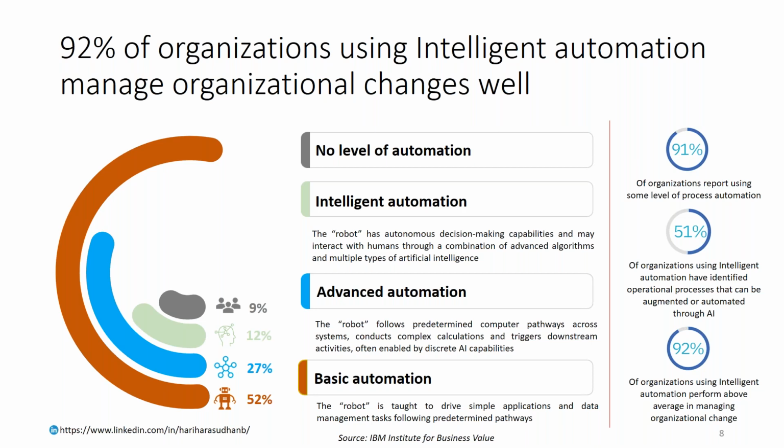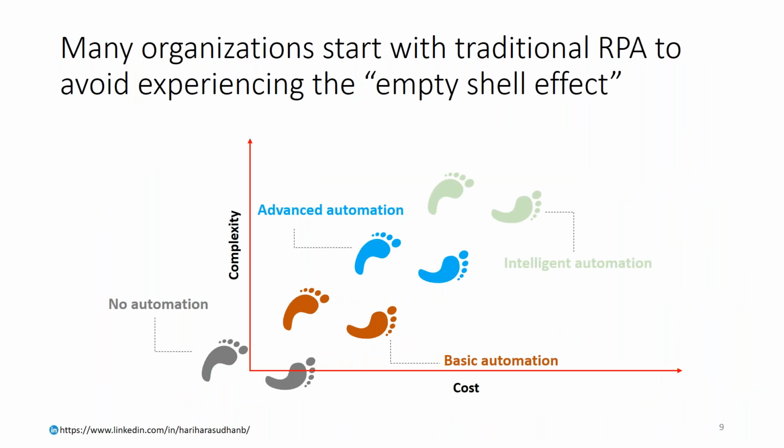But on the other hand, only 12% of them are using cognitive automation, while most of them are looking into the basic automation phases. That is because when we move in this journey from no automation towards intelligent or cognitive automation, the implementation cost and complexity is higher.